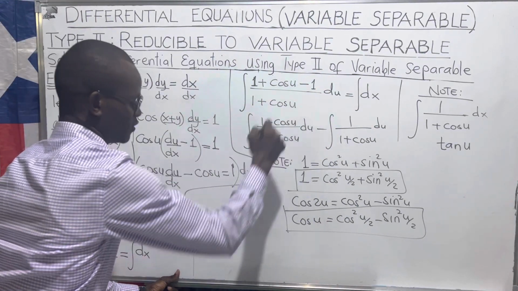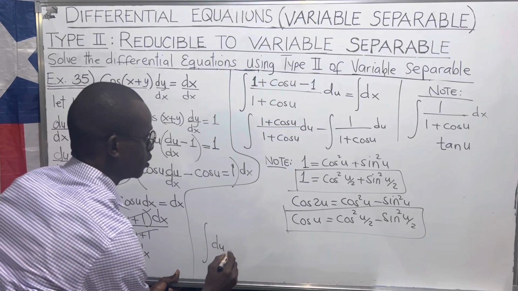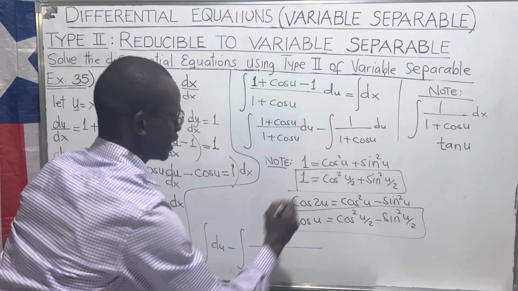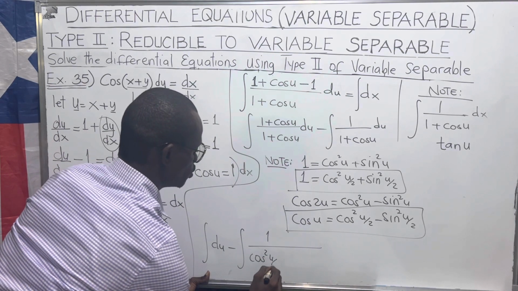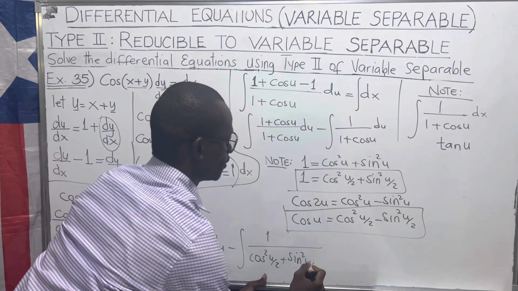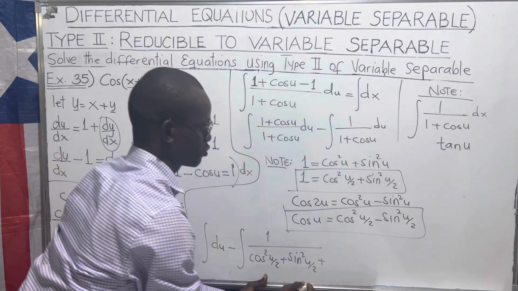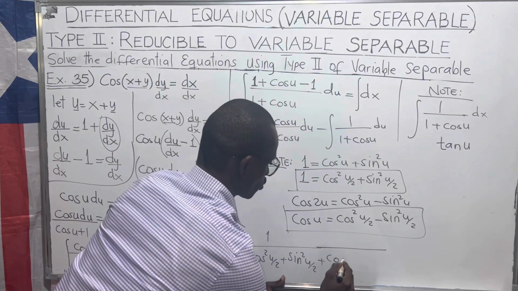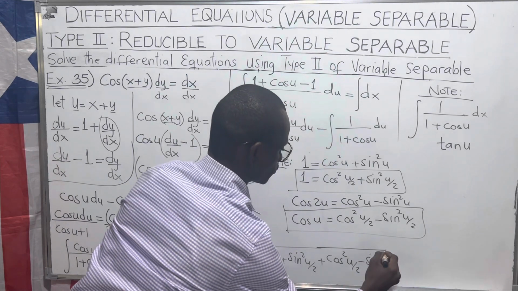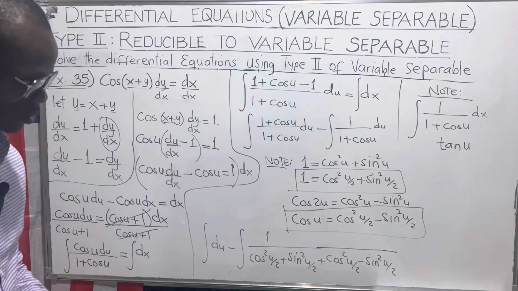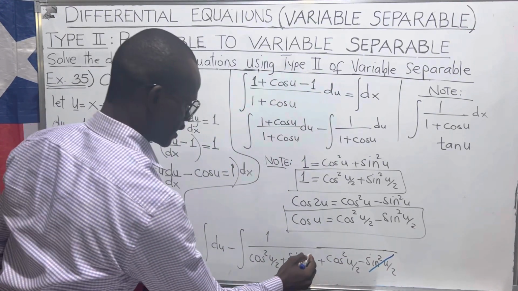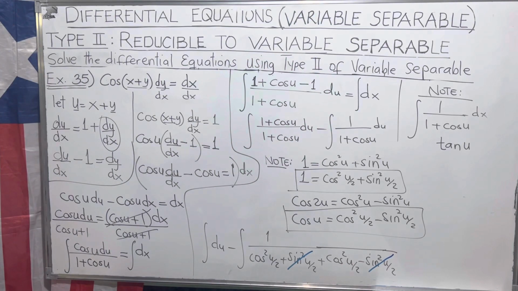Thus, the integral of this will be du minus the integral of 1 all over cos square u over 2 plus sin square u over 2, and then cos of u becomes cos square u over 2 minus sin square u over 2. You see that sin square u over 2 will cancel sin square u over 2.